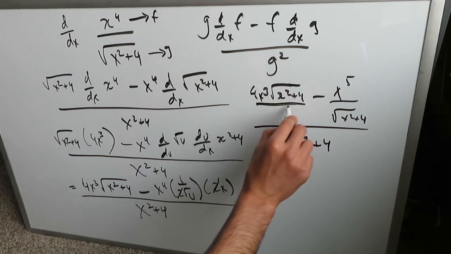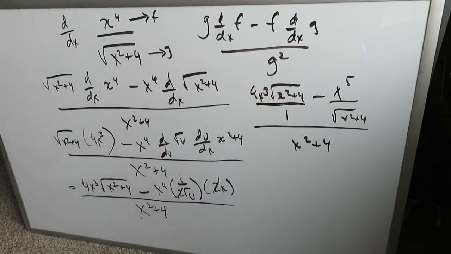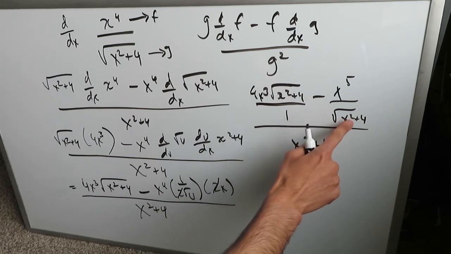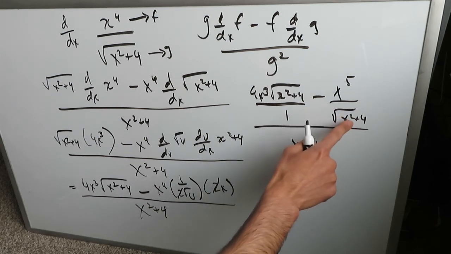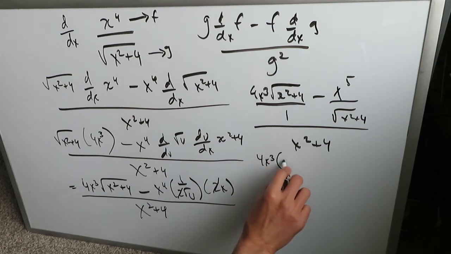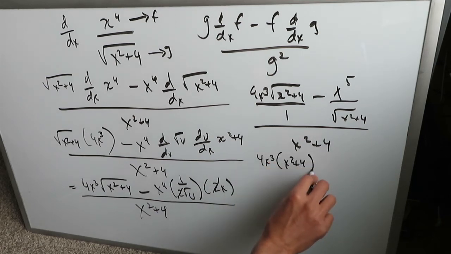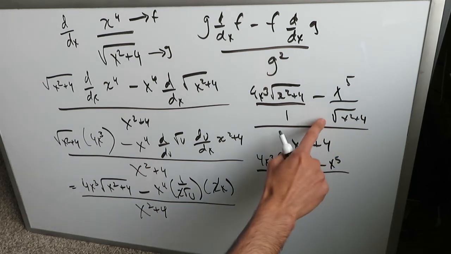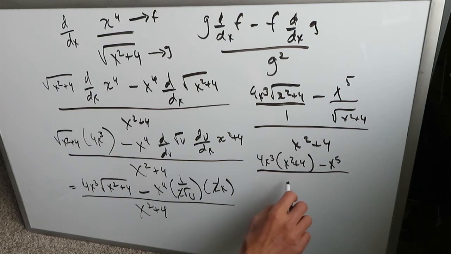Now if you want to be fancy, we can do common denominators and we can actually take it to that level. 1 goes in this, x squared plus 4, root x squared plus 4 times, we'll multiply with that, you get 4x cubed times x squared plus 4 minus x to the 5 all over this root x squared plus 4.